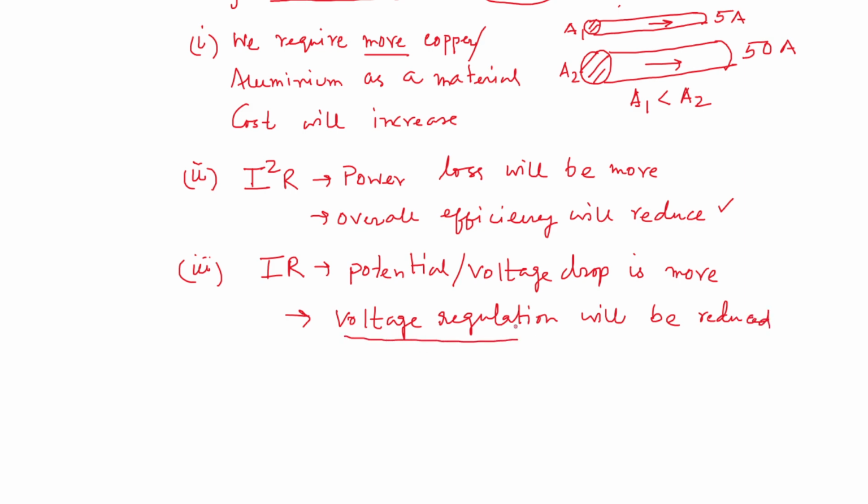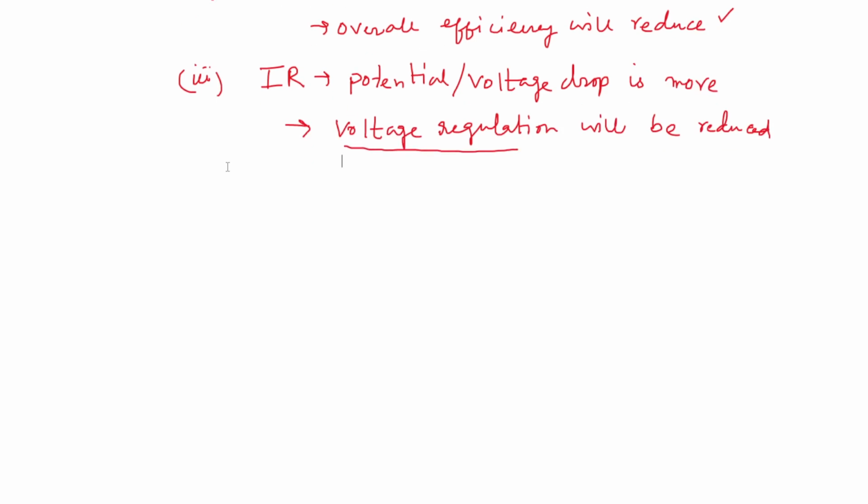What is voltage regulation? Suppose we have a sending end voltage Vs and a receiving end voltage Vr. S is for sending end, R for receiving end.